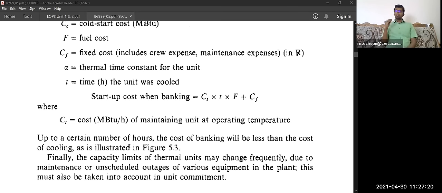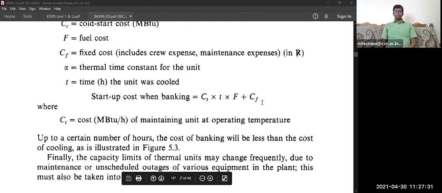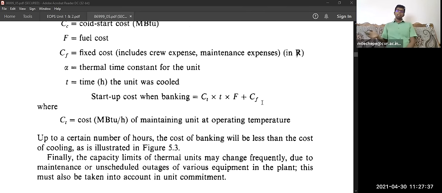That is called banking. With that temperature, we can easily start the next operation after some hours.